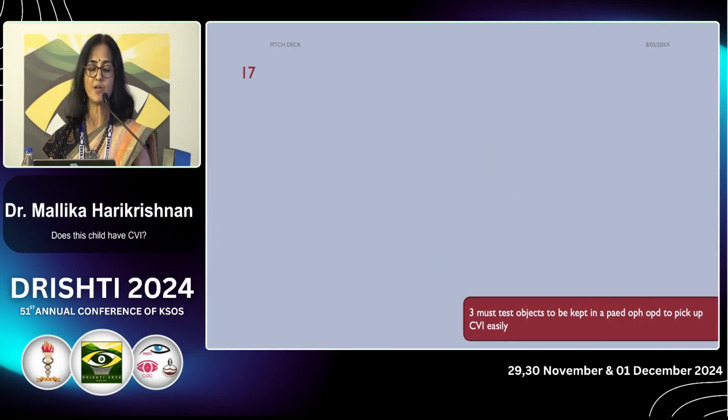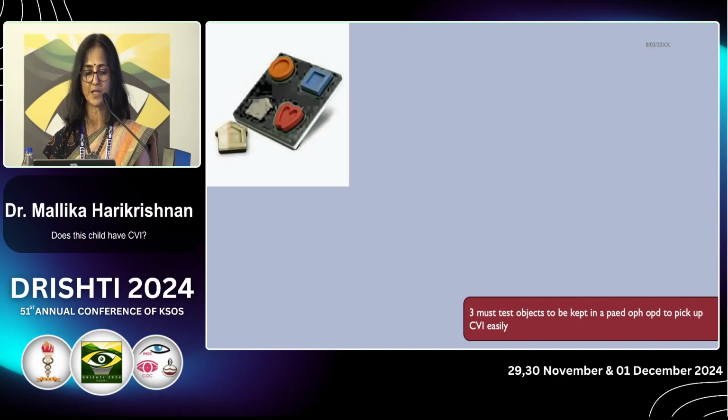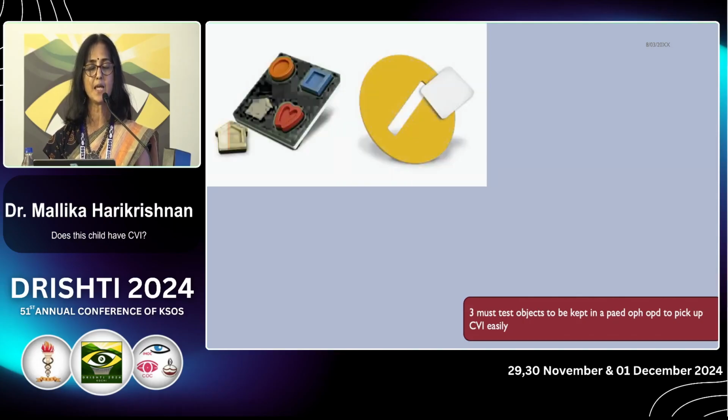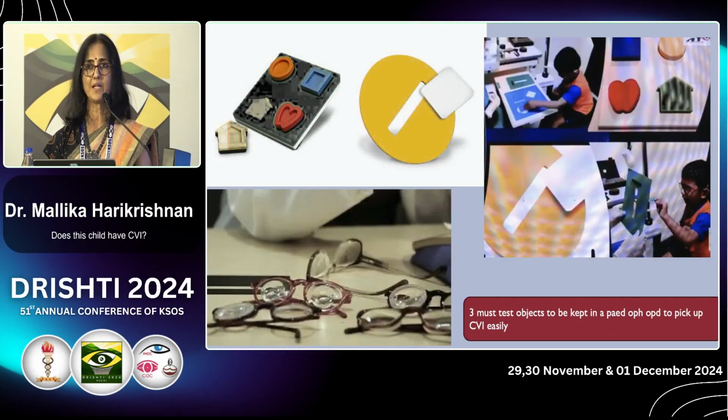So what I would suggest is that there should be 3 must-test objects kept in a pediatric ophthalmic OPD to pick up CVI easily. These are Lea puzzles and Lea mailbox. Either you can have the real ones, or you can even make your own with cardboard or wood which can simulate the same, which you can keep in your OPD so that you can recognize the CVI children and differentiate it from ocular visual impairment.